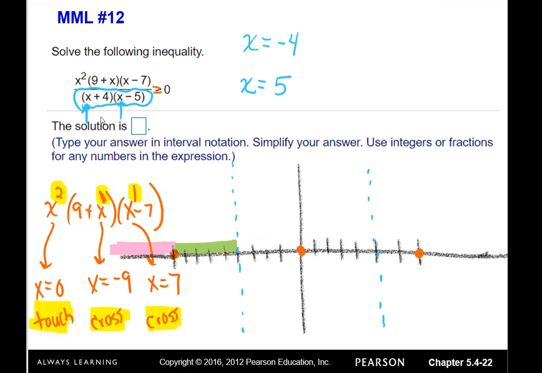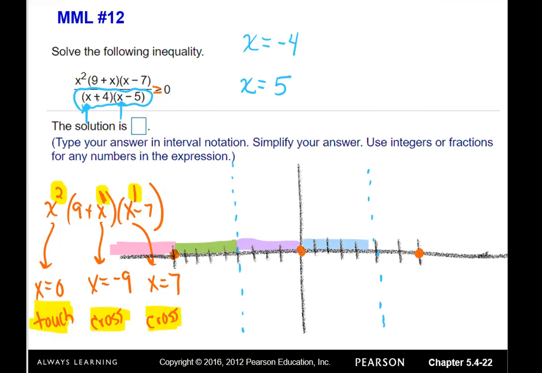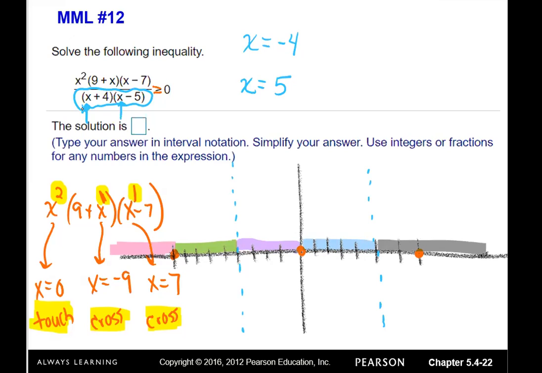Well, actually, I should do it because in other situations it might be different, so I better do it this way. 3, 4, and what color haven't I used yet? I've used all the light ones. I guess I'll go with gray. 5. Okay, so I've got 5 intervals here. The pink, the green, the purple, the blue, and the gray.